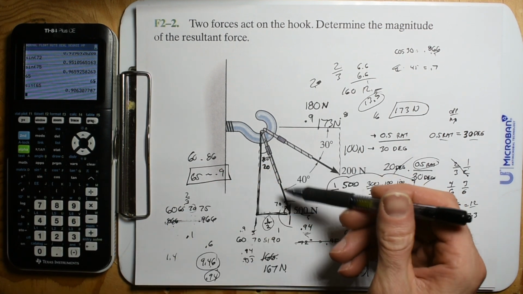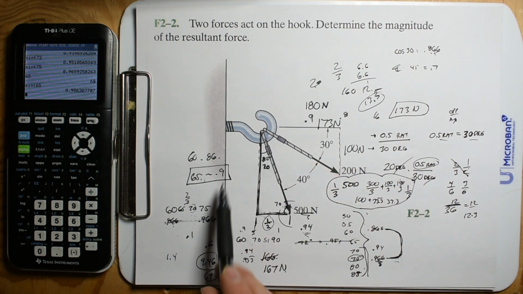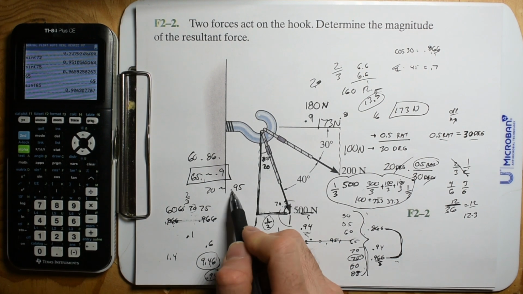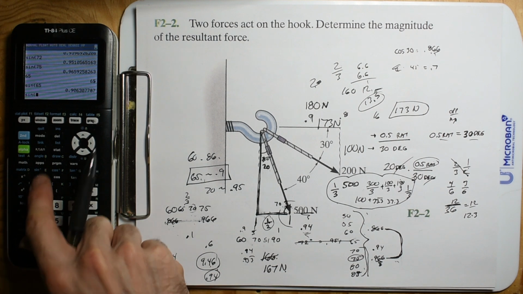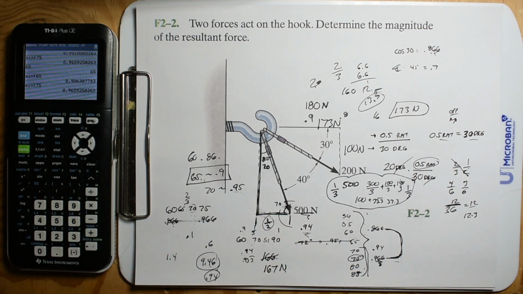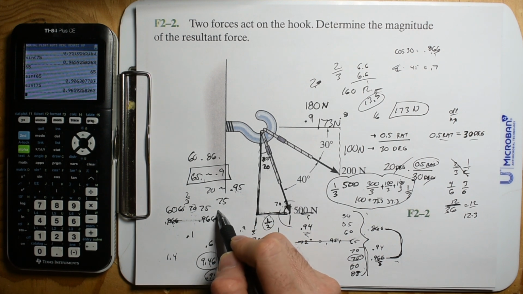So if sine of 60 is 0.86, sine of 69 is 0.9, I could say sine of 70 is approximately 0.95. And then after that it doesn't really matter. Sine 75, no, it slows down. So that's where it's harder to do sine 75, 80, and 85.